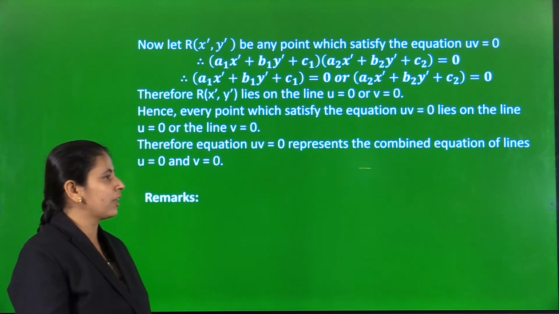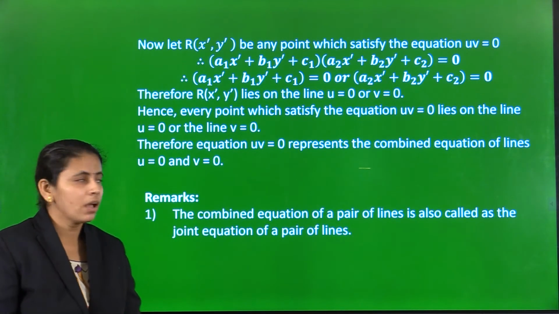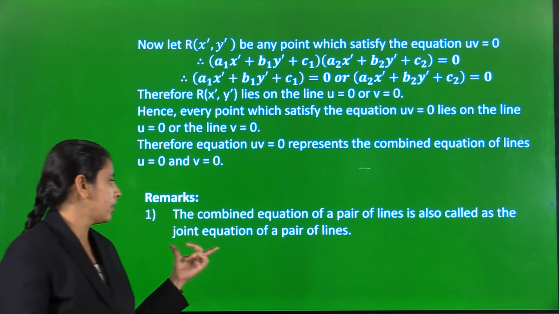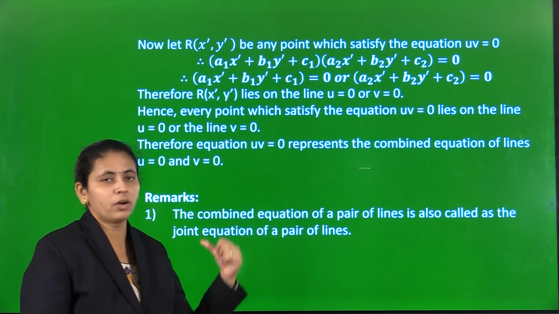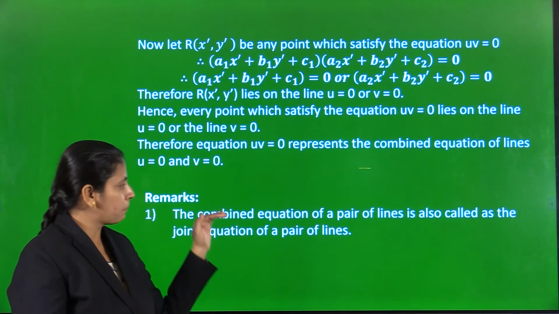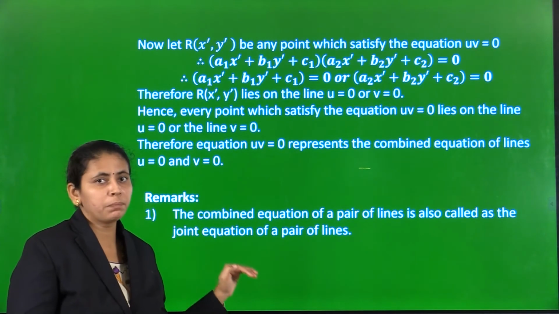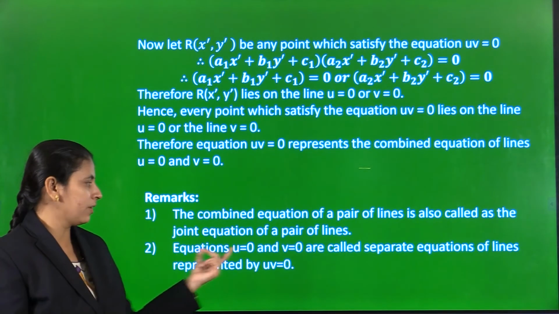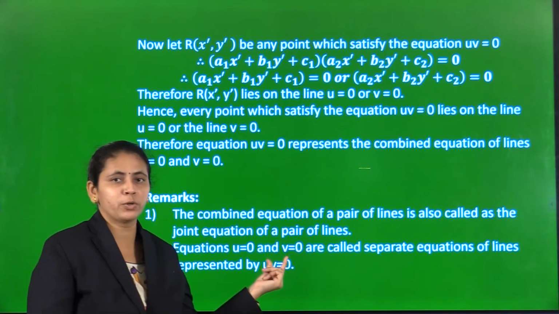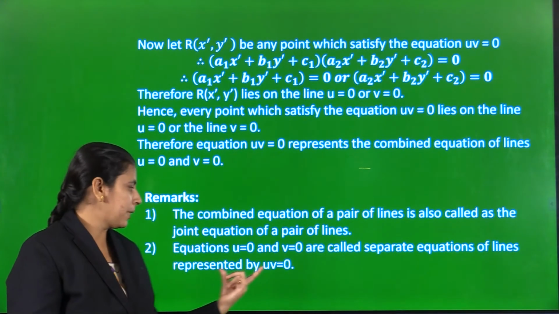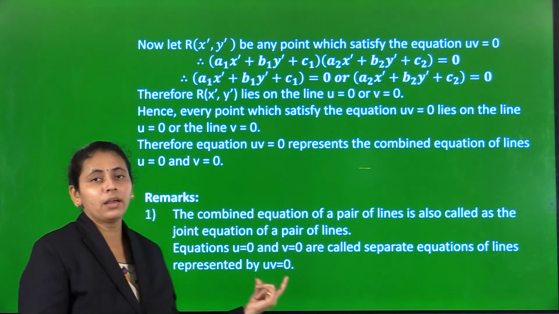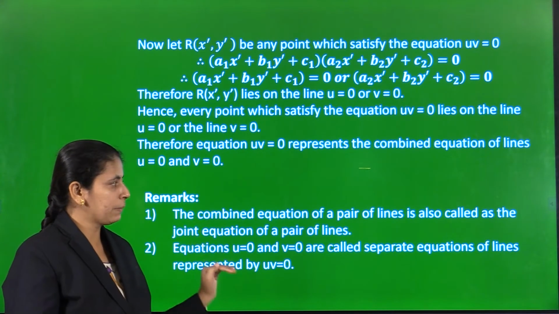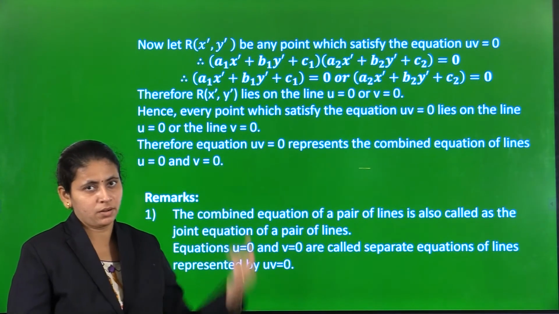The first remark is that the combined equation of a pair of lines is also called the joint equation of the pair of lines. And the separate equations u = 0 and v = 0 are called the separate equations represented by the equation uv = 0. These are two remarks based on this theorem.